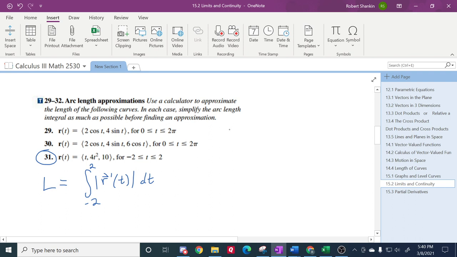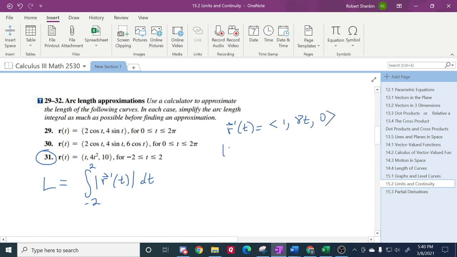And so we are going to say this is r prime. Take the derivative of t and you get 1. 4t squared, it's 8t. Derivative of 10 is 0.